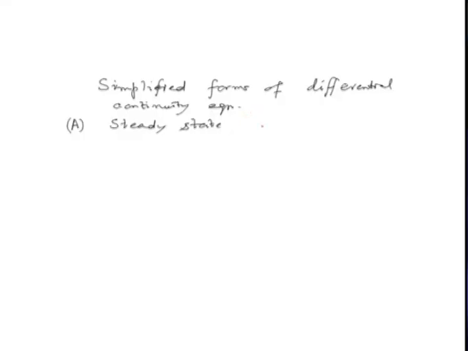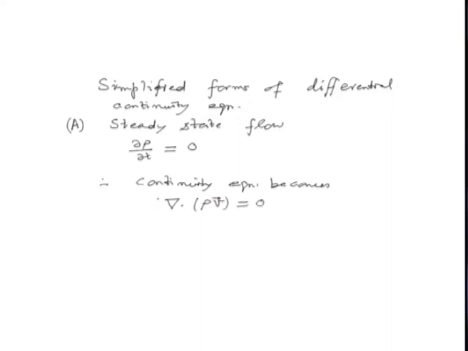So let us have a look at the steady state flow. Now in this case del rho over del t would be equal to 0, hence our continuity equation becomes divergence of rho v is equal to 0.